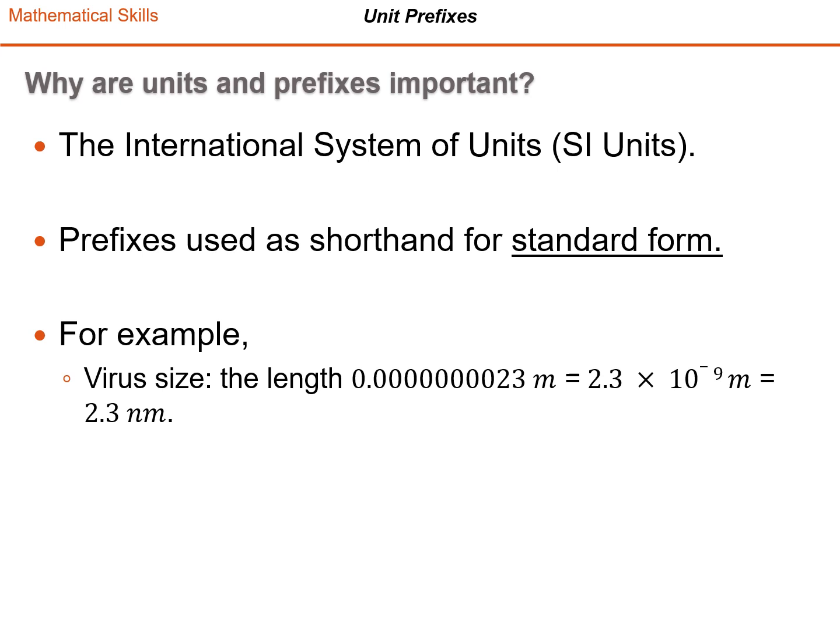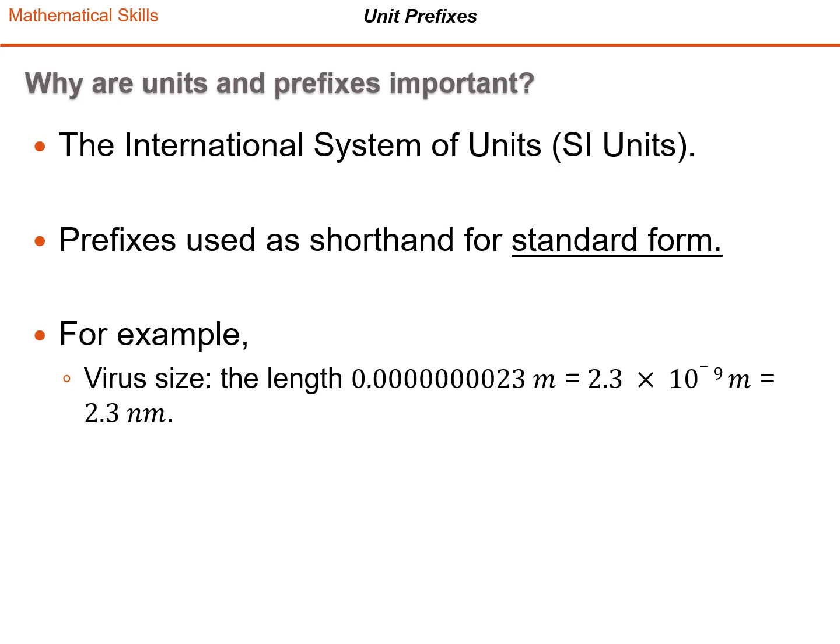If we're writing that or talking about that number with people, it's very easy to lose track of the number of zeros that we have said. So we can use standard form, and we've got here 2.3 times 10 to the minus 9 meters. For those of you who perhaps aren't familiar with standard form, there is another lesson in this series on standard form, so do look out for that.